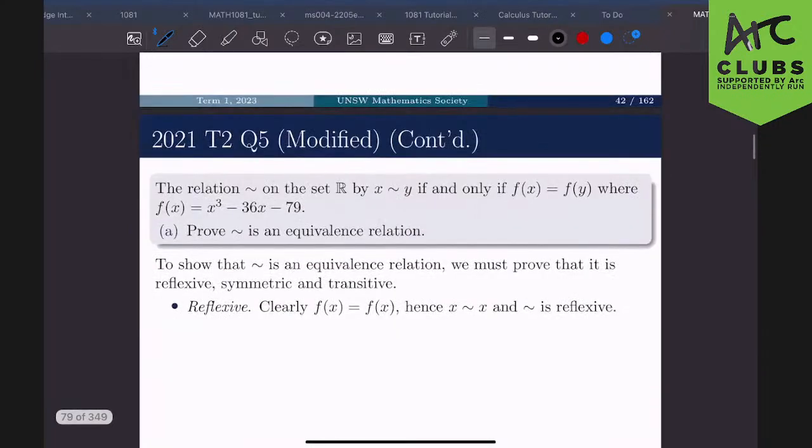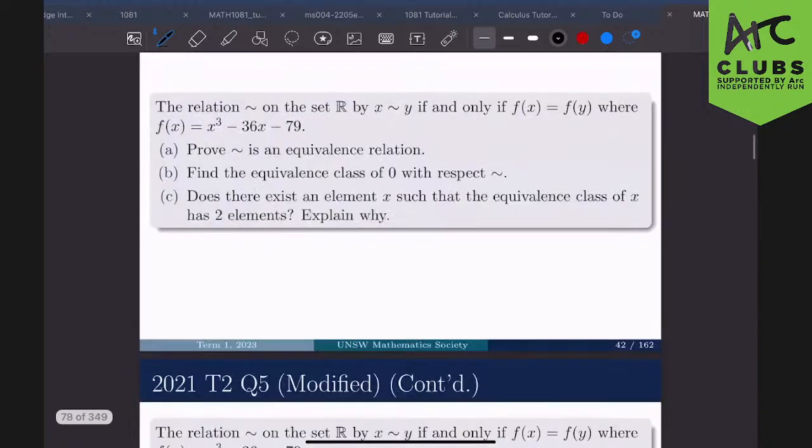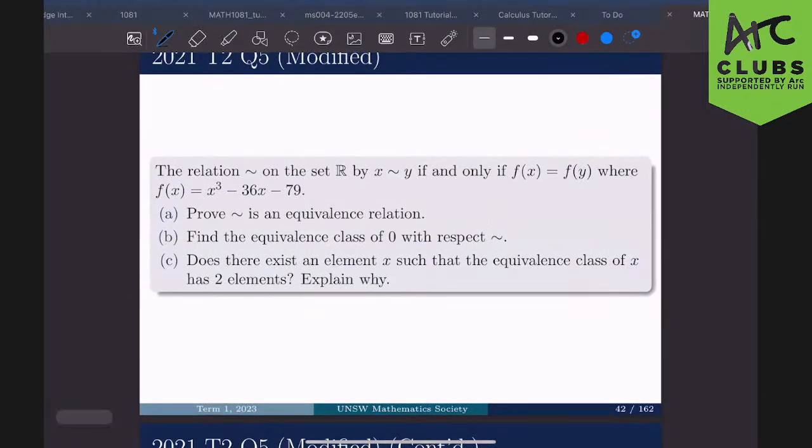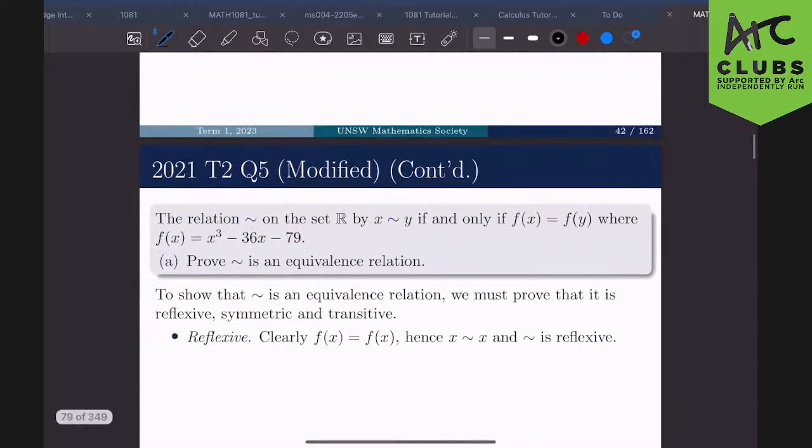So obviously, equivalence relation, we'll just get started. We've got this relation here with this function, and we just need to prove that it is an equivalence relation. So going back again, an equivalence relation is reflexive, symmetric, and transitive.